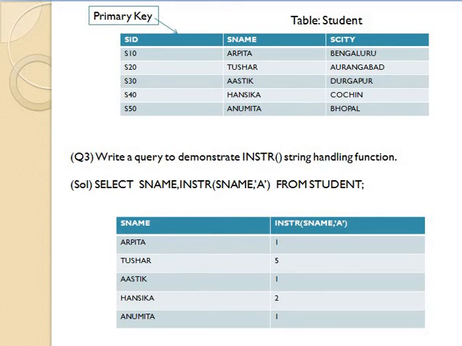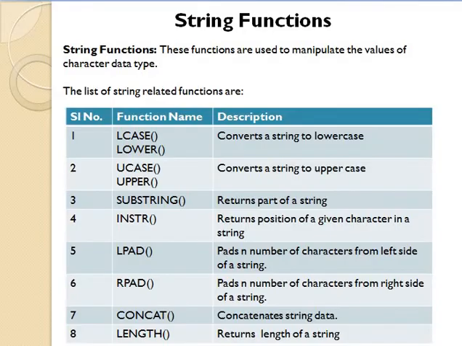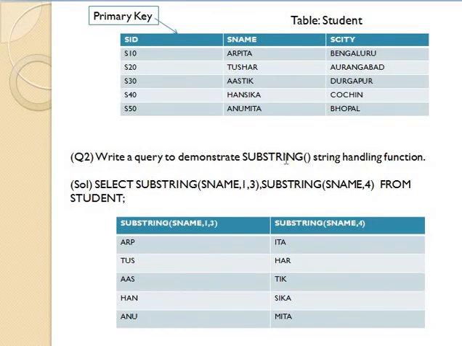Now the previous function that I discussed was the substring function. What that substring function did was return part of a string. Since it returns part of a string, here I could retrieve part of the strings, which are the entries of the column sname in the table student.